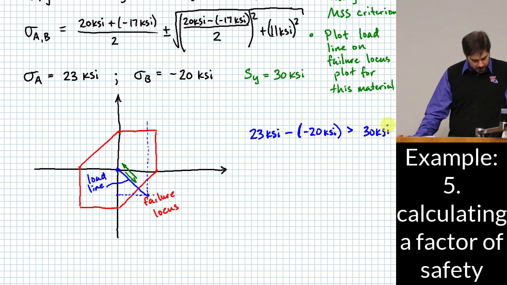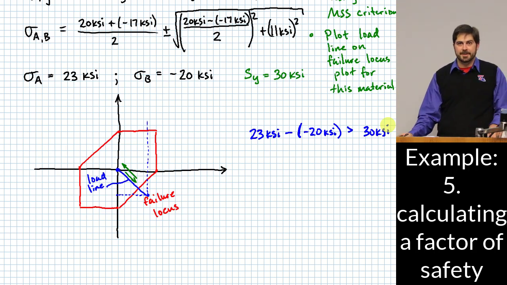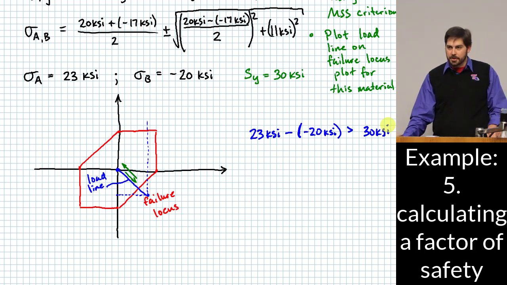Equation 5.5 shows us the expression of that. If you move up a little ways, it shows it to you with this variable of n. This book generally uses n as a factor of safety or as a design factor.